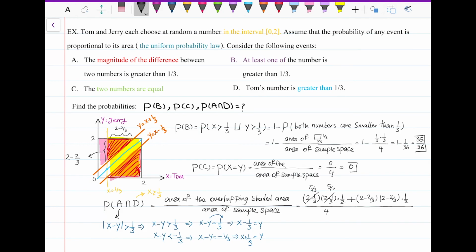This is also 5/3. This is 4/3. This is 4/3. If you do the math, you get 25/18 plus 16/18 divided by 4. So this would be 41/72.